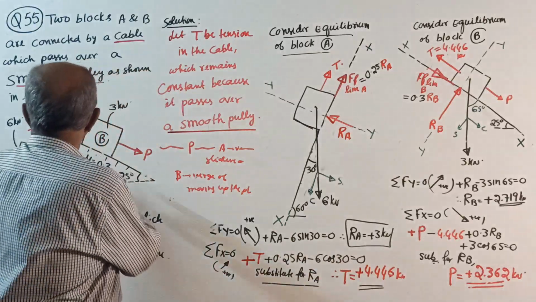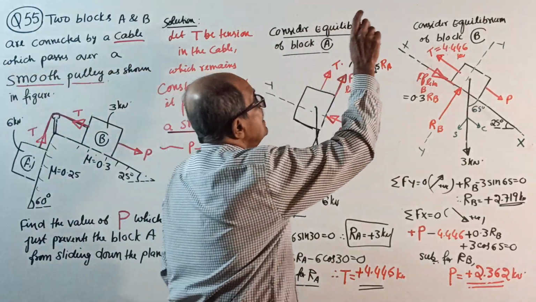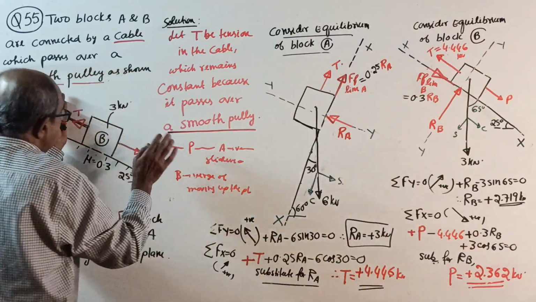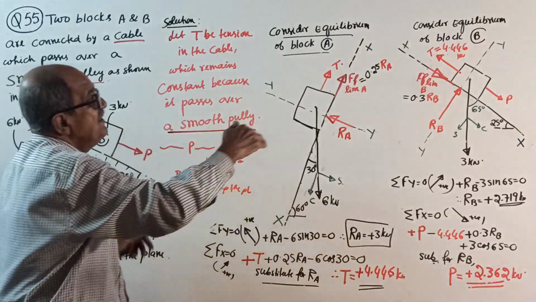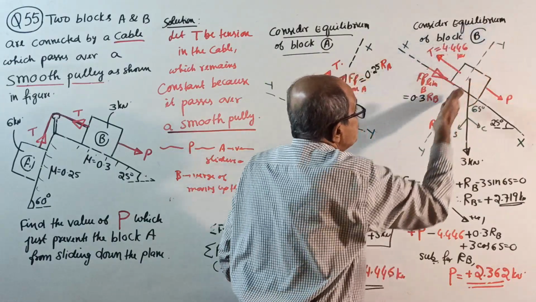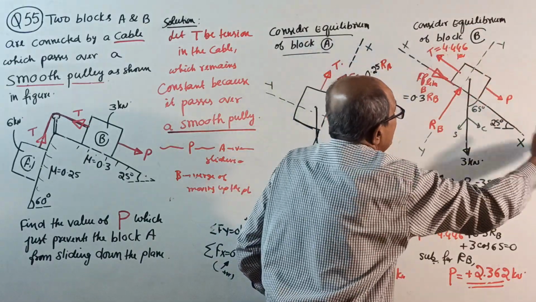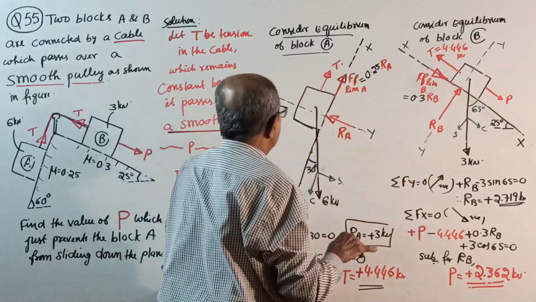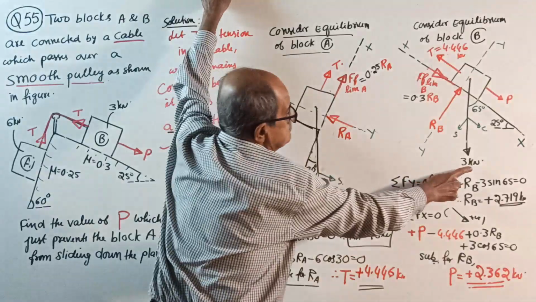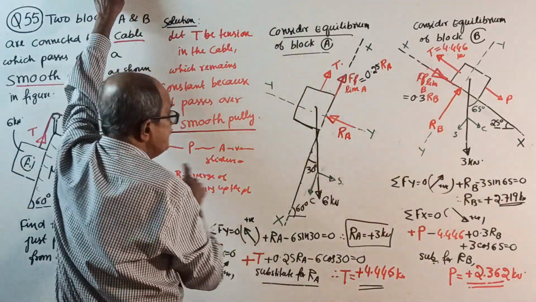Okay. Now T came. Now consider equilibrium of block B. See here. Don't see that. Block B. Inclined plane is like this. Now you take this as X, this as Y. See, X here, Y perpendicular. Okay. Start. Weight acting down of 3 kilonewton. Angle is 25 degrees.